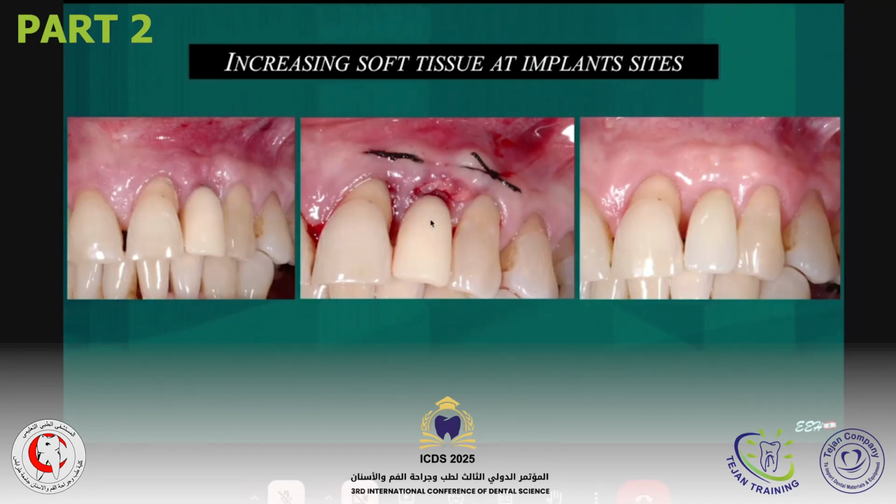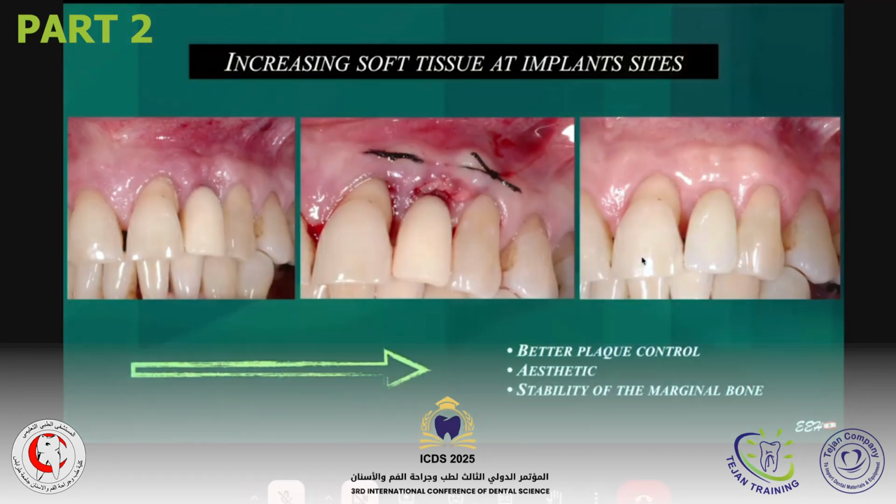So with a graft of gingiva, we obtain this result, which is very nice, and it's much simpler to maintain and clean, and aesthetically it's better than the first photo. So increasing the soft tissue, we obtain better control of the plaque, aesthetics, and stability of the marginal bone.